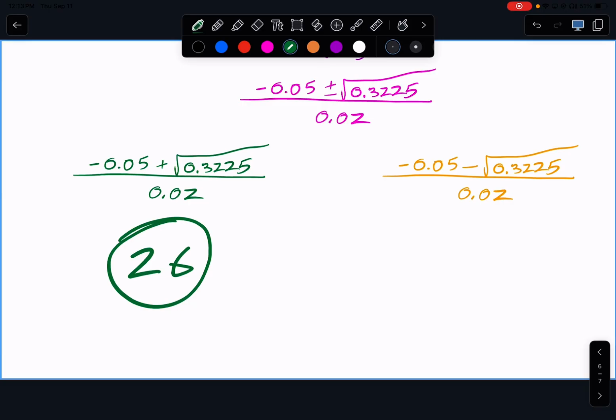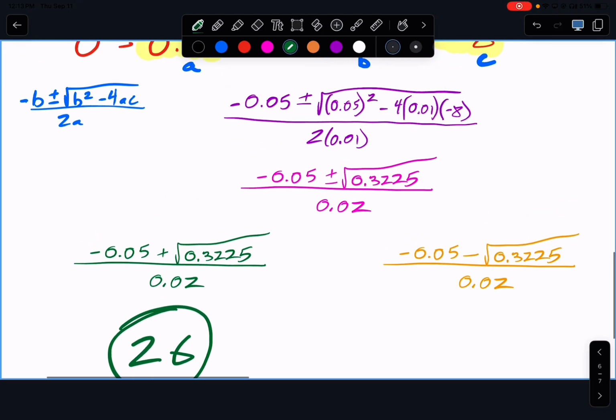I don't think so. I think you got a. So the 0.25 comes from this right here. So that would be this.